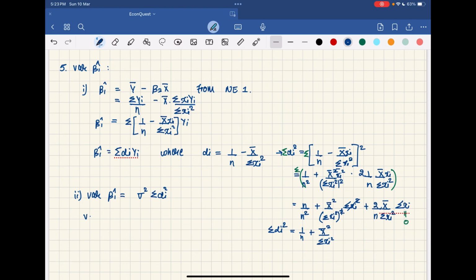So in this case your variance of beta 1 hat becomes equal to sigma square times (1 by n plus x bar square divided by summation xi square). This is the value of your variance of beta 1 hat. I hope this is clear to you now, how to derive the variance of beta 1 hat and beta 2 hat.